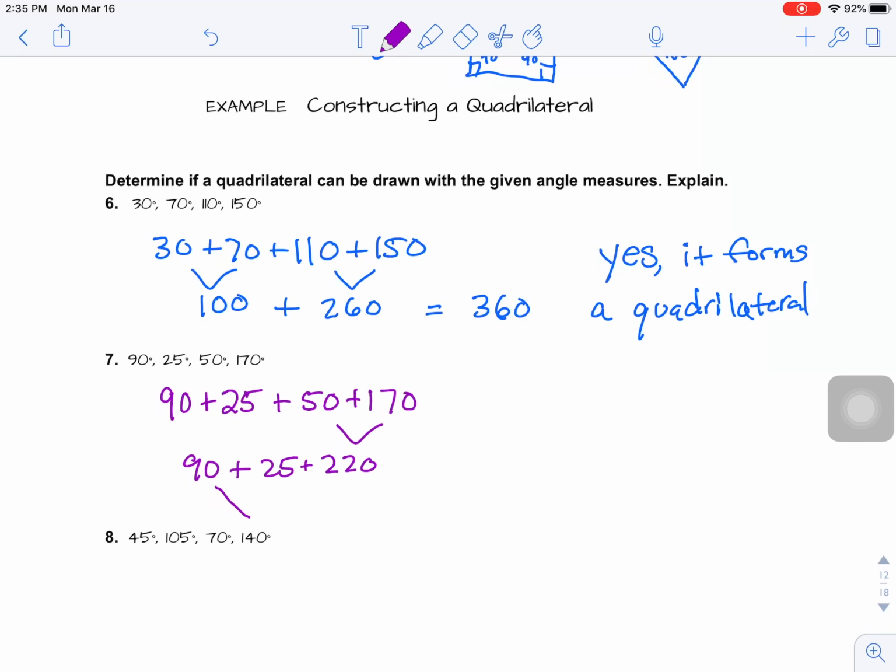I'm going to add the 90 and the 220 next because that's easier for me. So that gives me 310 plus 25. If I added those together, I get 335. So no, this is not a quadrilateral.